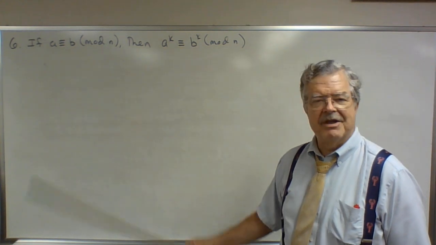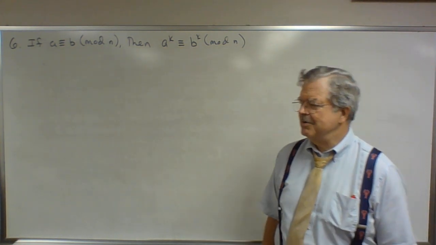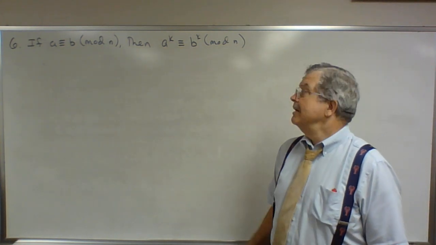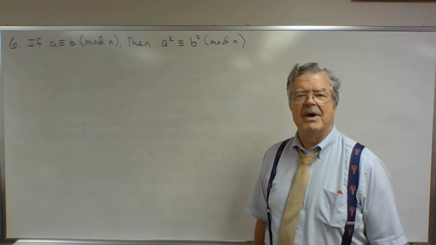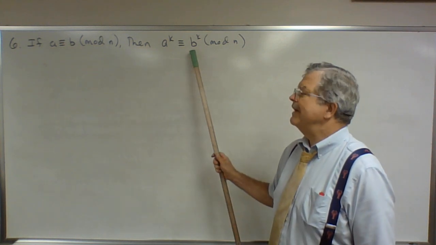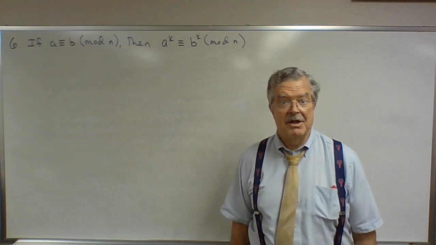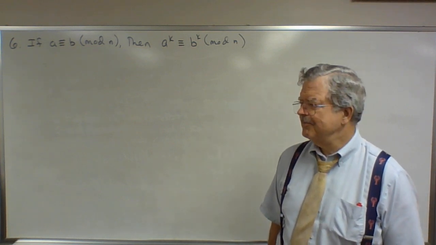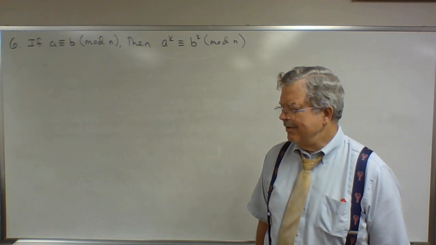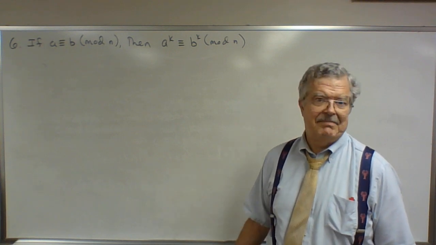Number 6, I thought about how the heck I was going to do this, because I had absolutely no idea. This has been one of those facts that's just always amazed me about modulo arithmetic and congruences. And I thought, how on earth am I going to do this? I don't know.